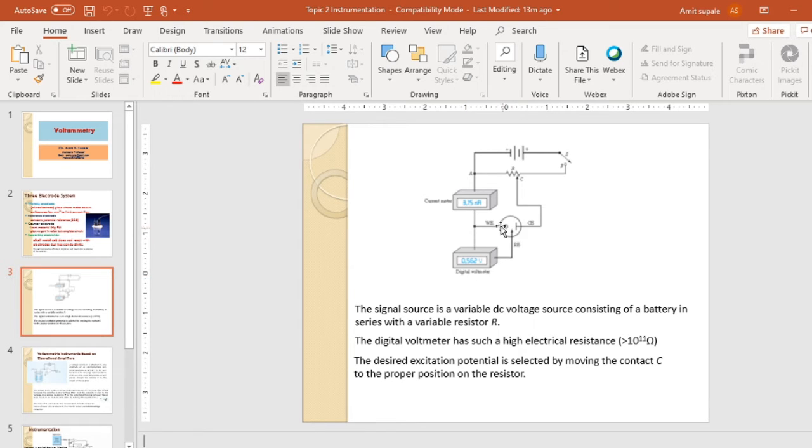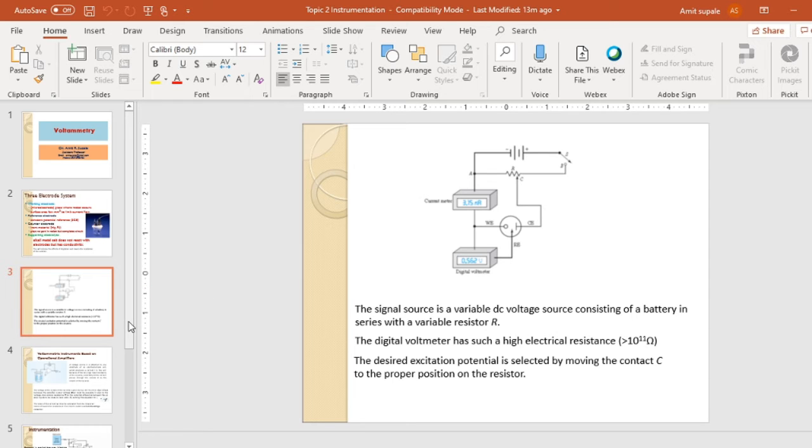Now there is a working electrode and counter electrode with a current meter, so voltage is applied here, the current is allowed to pass through this circuit and the output voltage is measured. This is the simple technique. The desired excitation potential is selected by moving the contact C over the proper position of the resistors, and the particular voltage output is measured.